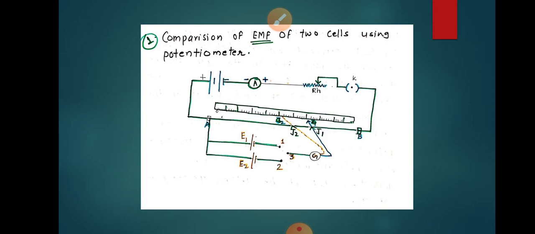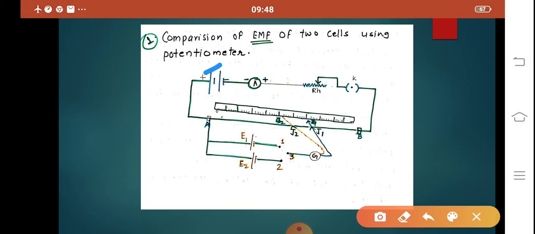This is a typical diagram of the cell. Here we have the source battery, this is E1, E2, ammeter, rheostat, and we have to compare the EMF of E1 and E2.